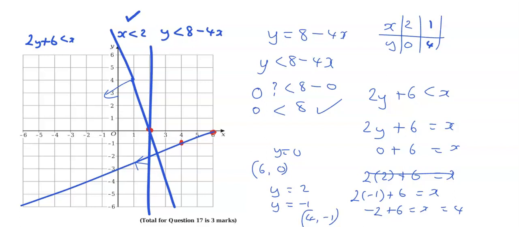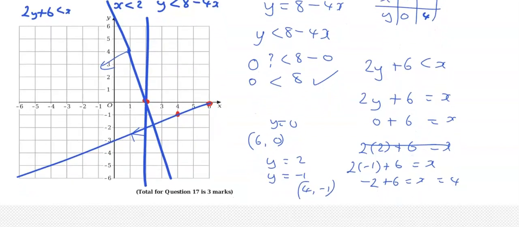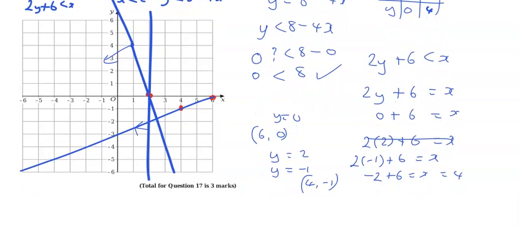And I now apply the origin test. So we have 2y plus 6 is less than x.